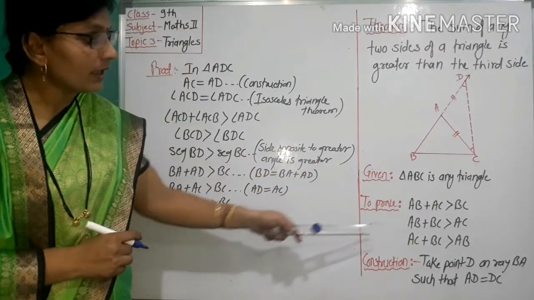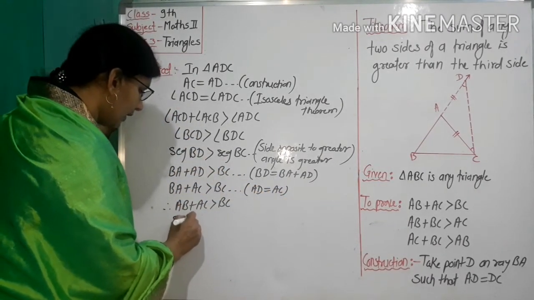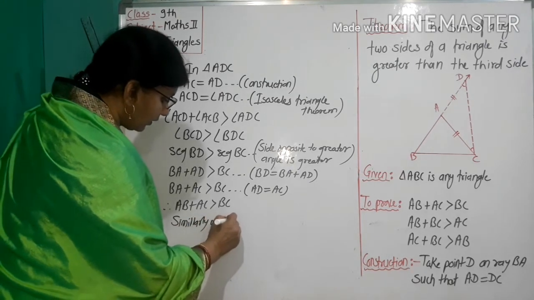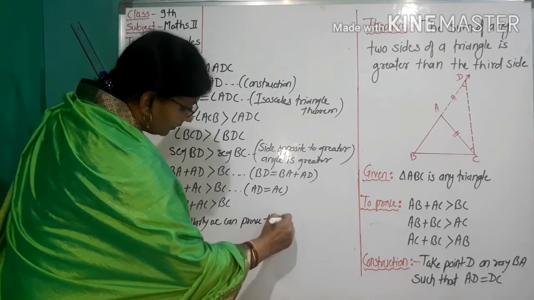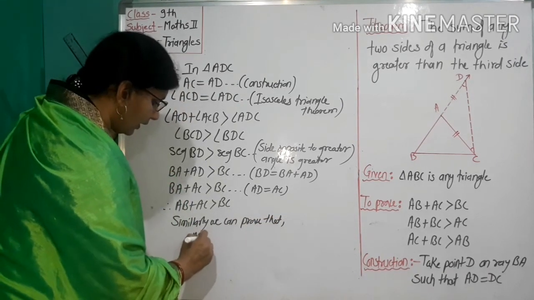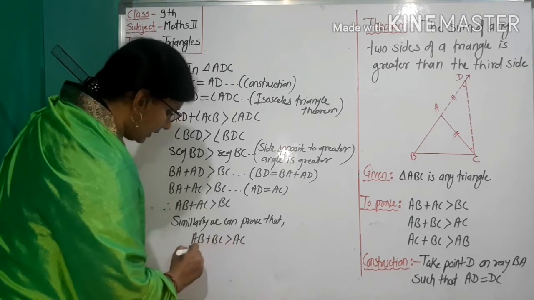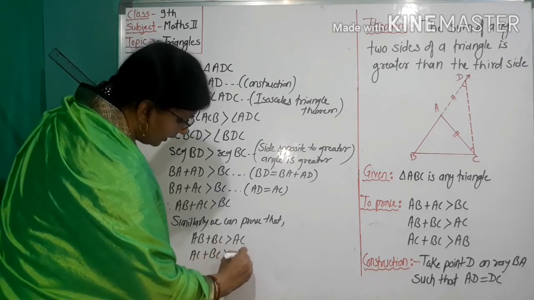Similarly, we can prove that AB plus BC is greater than AC and AC plus BC is greater than AB.